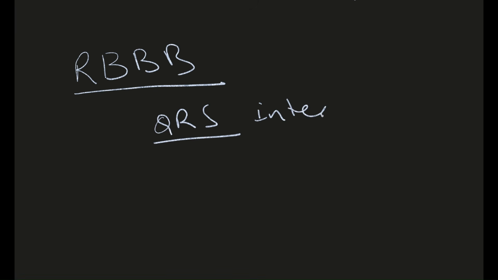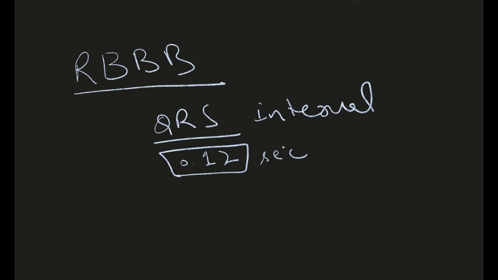Normally the QRS complex is less than 0.12 seconds. These are three smallest squares. A QRS complex should fit in these three smallest squares.